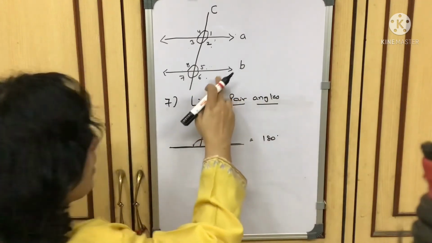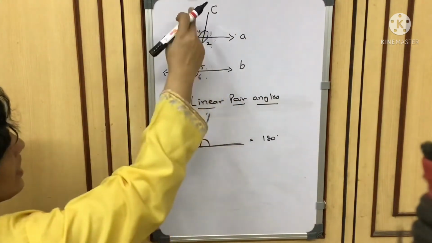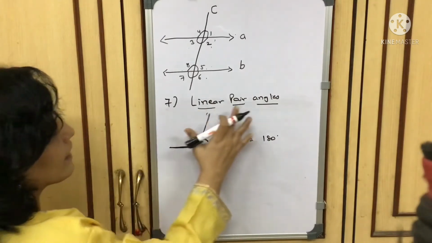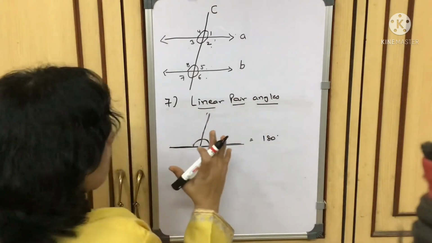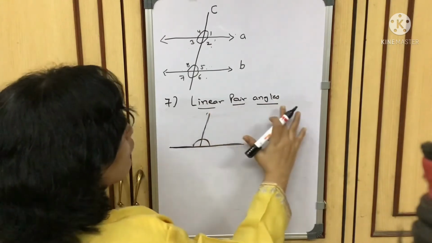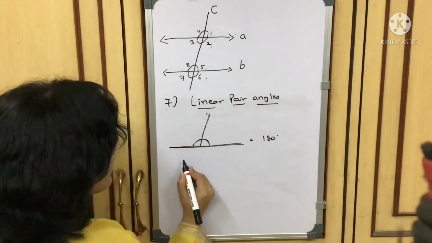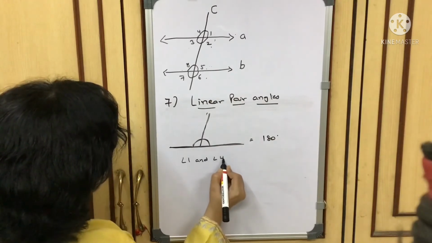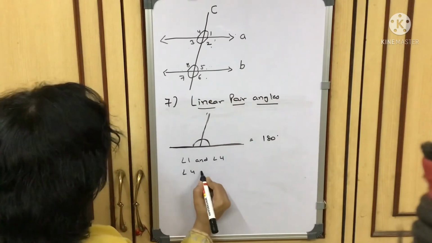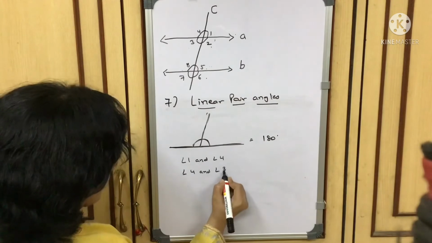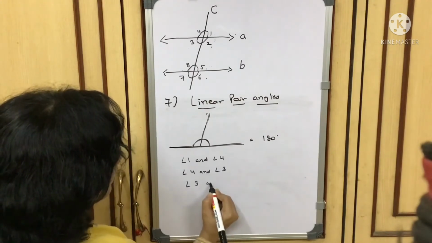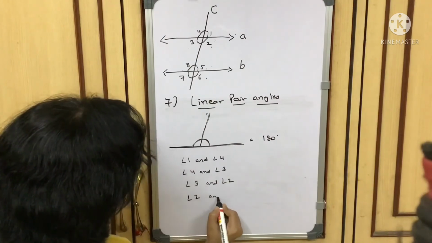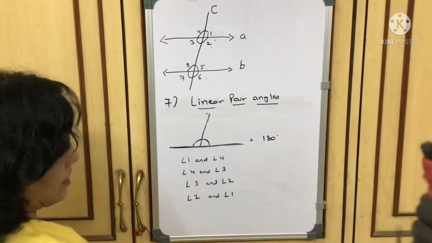So here, when in the parallel lines, when a transversal is passing by, we will get 8 pairs of linear pair angles. That is angle 1 and angle 4, angle 4 and angle 3, angle 3 and angle 2, and angle 2 and angle 1.